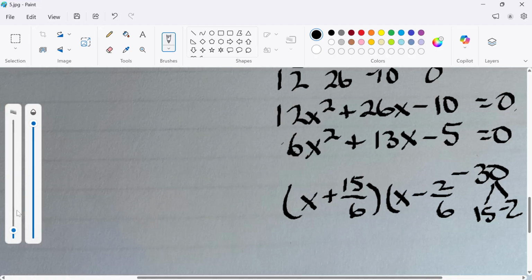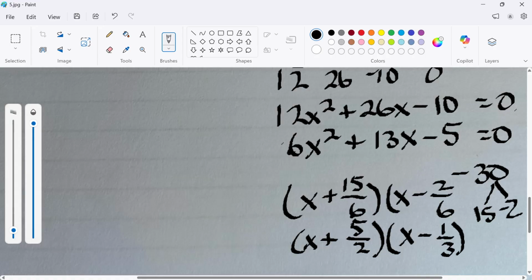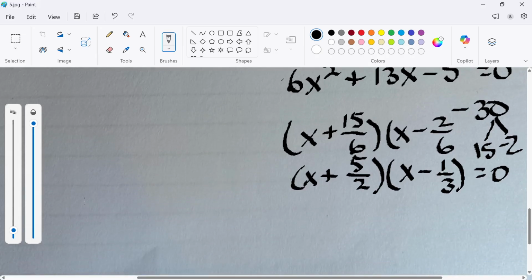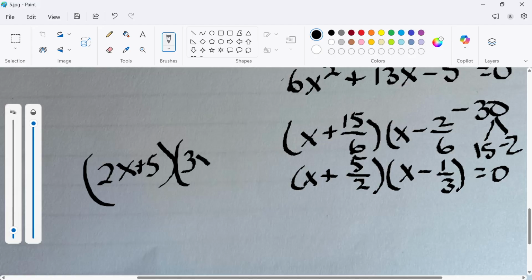Now I'm going to simplify these. 3 goes into 15 5 times. 3 goes into 6 twice. And then 2 goes into 2 once, and 2 goes into 6 3 times. And now if I wanted the factors, since these aren't integers, the factors would be 2x plus 5, and the other factor would be 3x minus 1.